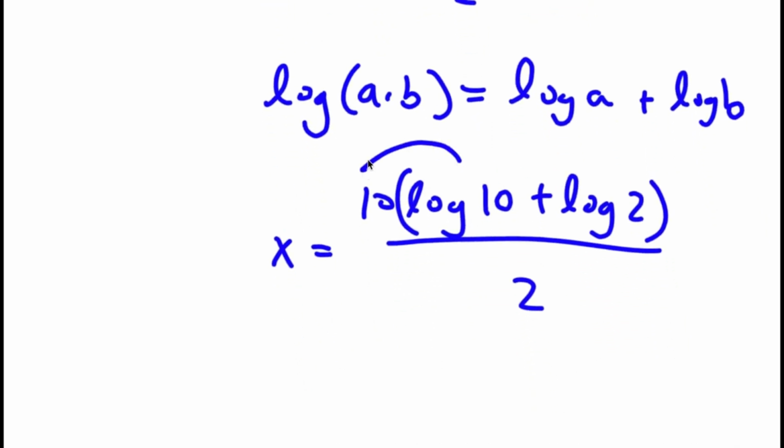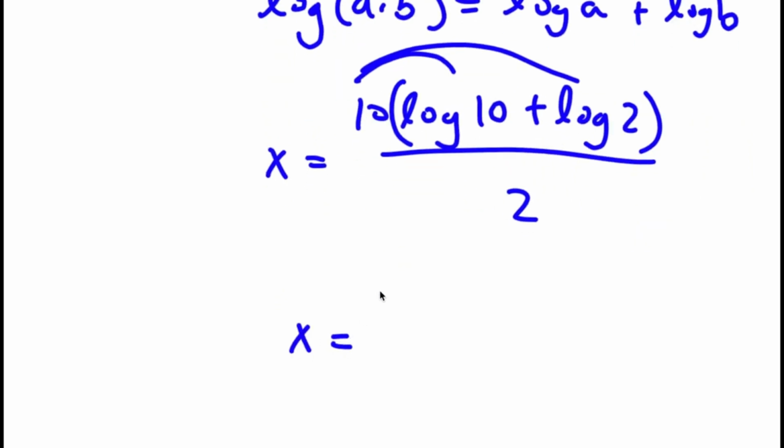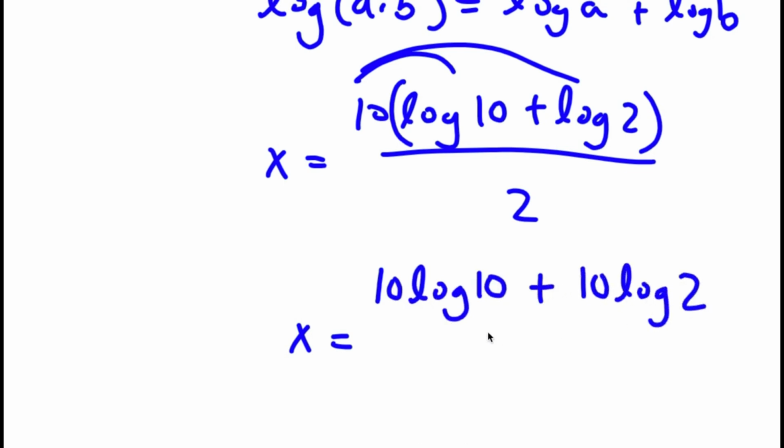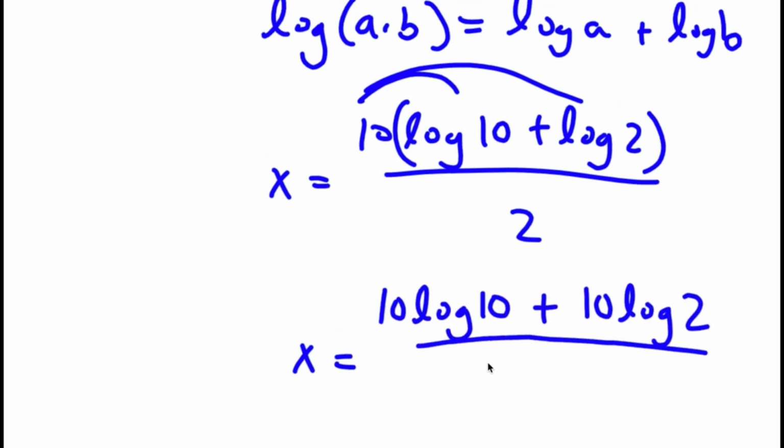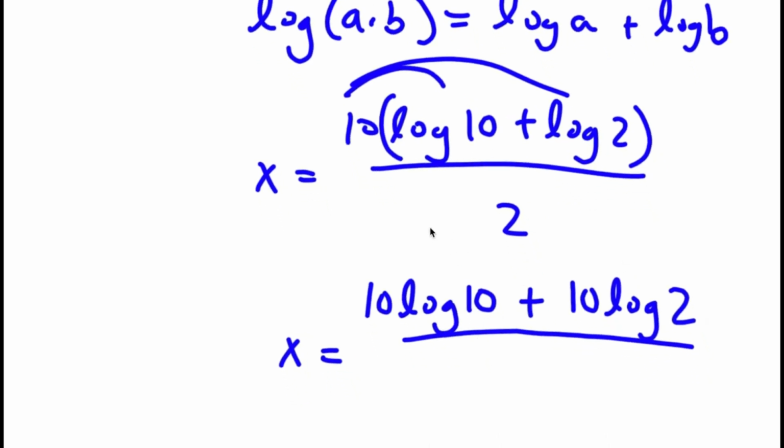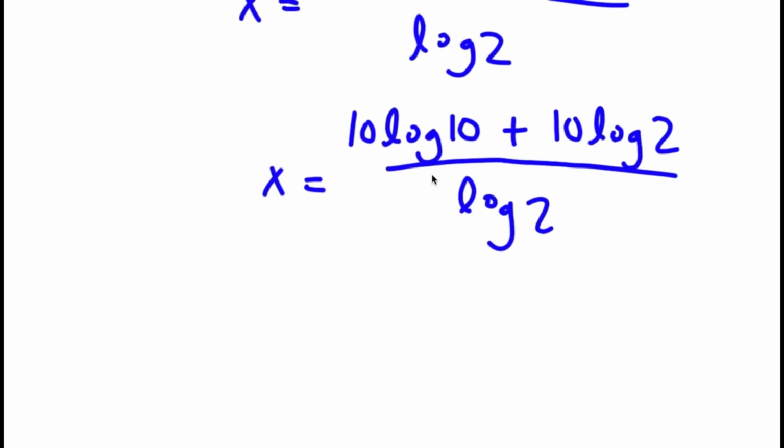Now I have this over log 2. If I distribute the 10, I get 10 times log 10 plus 10 times log 2, over log 2.